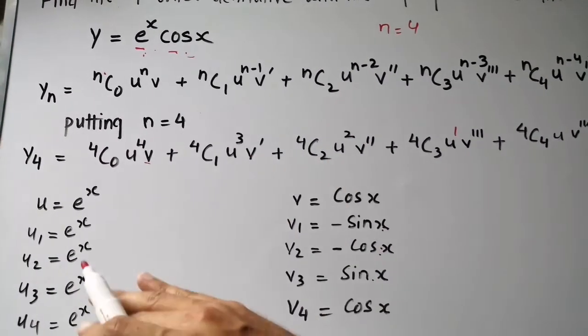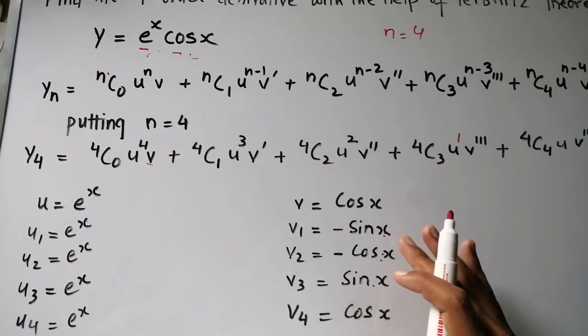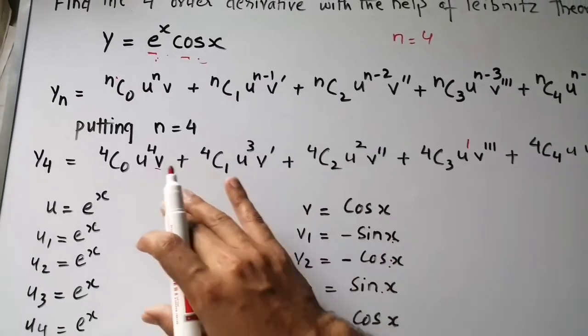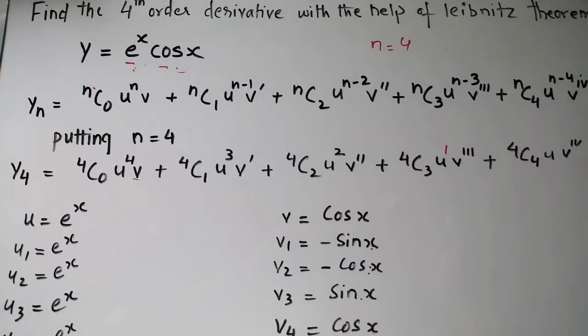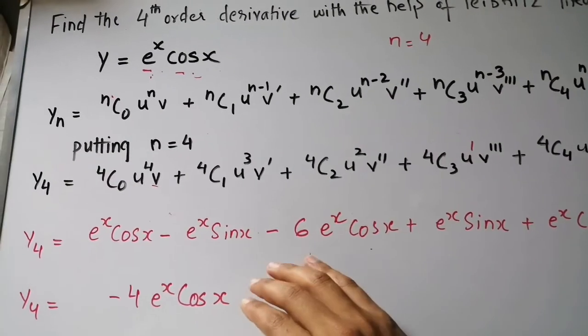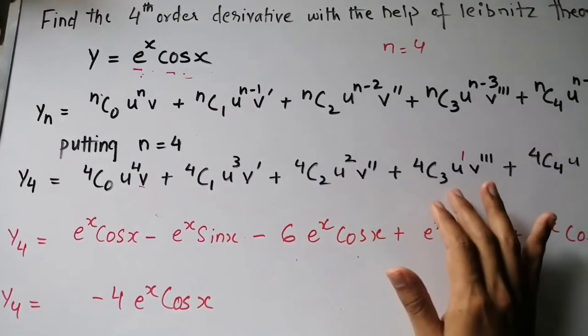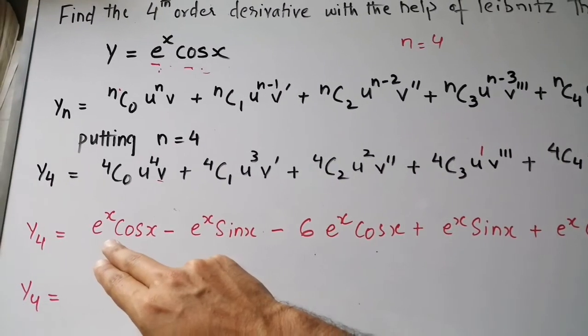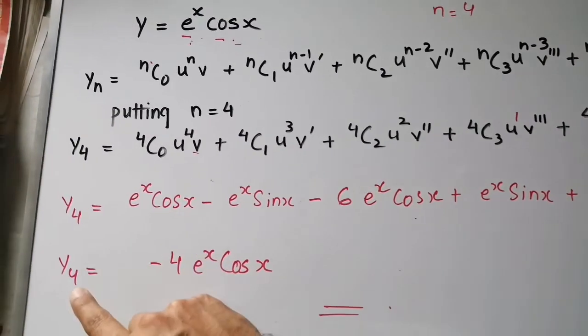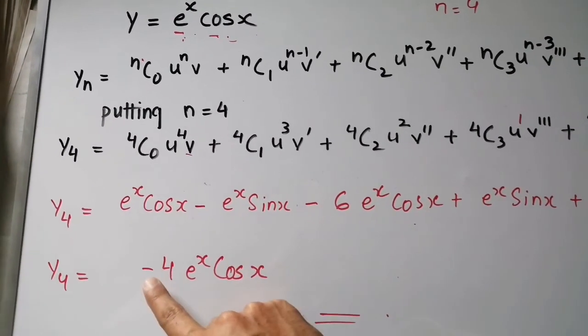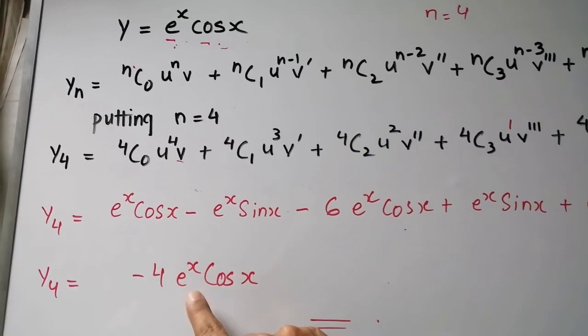So now I have calculated all the values, so I'm going to substitute all the values in their respective positions. So let's start. After substituting all the values here, I'm getting this equation, and after solving that I'm getting the fourth order derivative of that function y is equal to minus 4 e^x cos x.